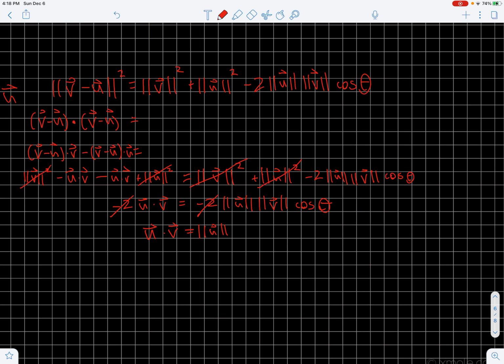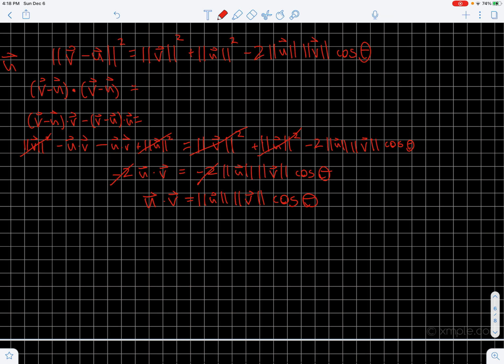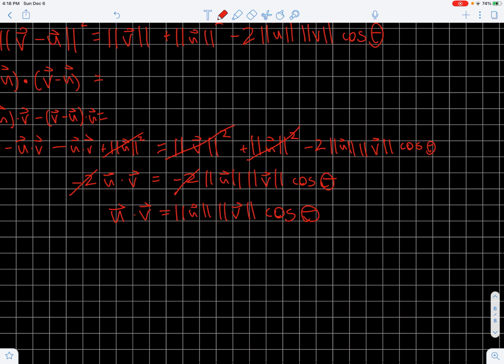U dot v equals the norm of u times the norm of v times the cosine of theta, which, if we were interested in the angle between these two vectors, we would simply solve for the cosine of theta, and we would get cosine theta equals u dot v all over norm of u times the norm of v.